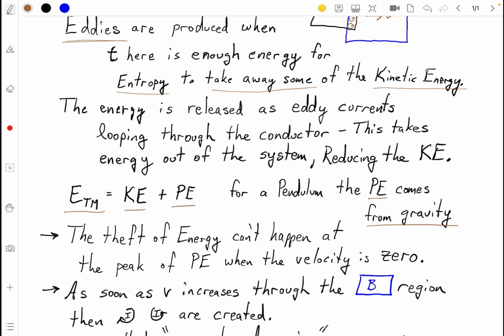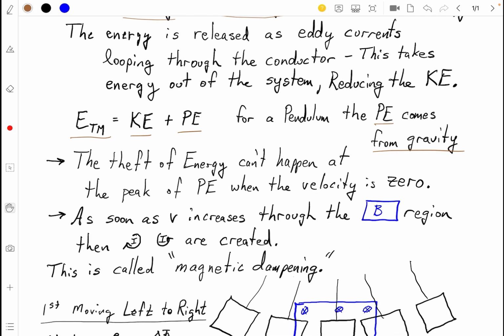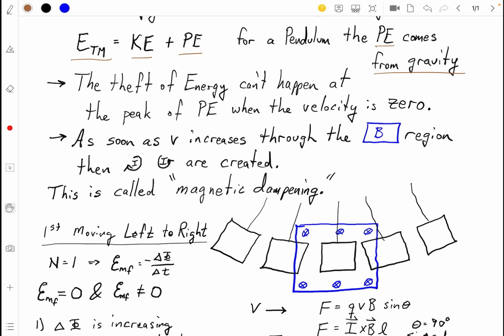The height of the thing might reduce because it has less kinetic energy, but unless it's moving, there's no stealing. So it can't steal from the potential energy. It's only stealing from the kinetic energy, which steals from the total mechanical energy.